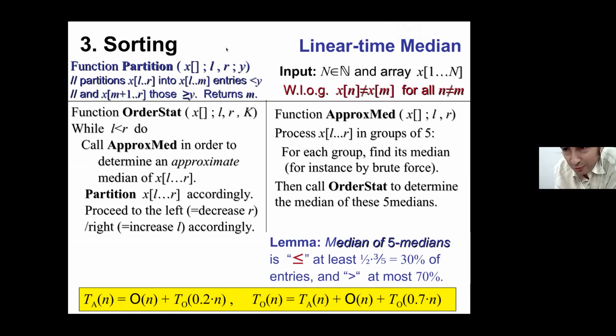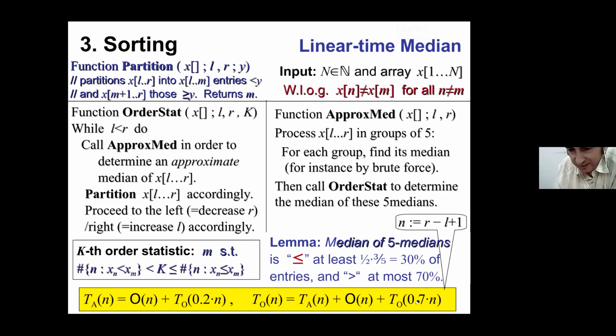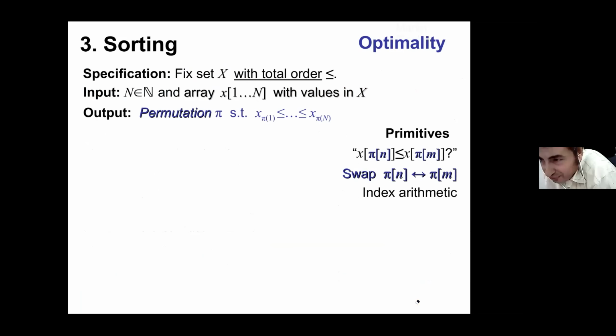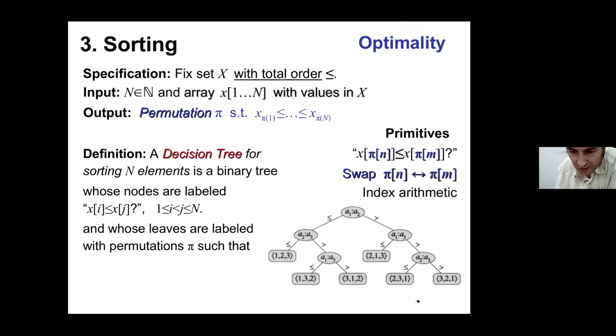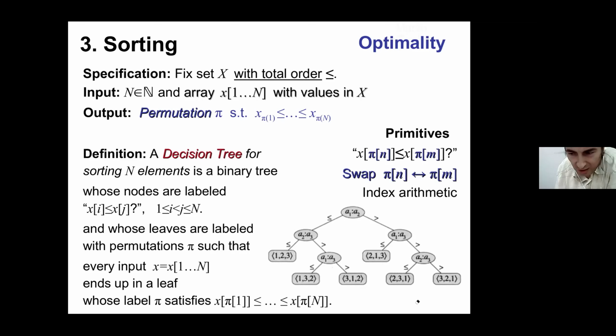And the important point one more time about these formulas was that 0.2 plus 0.7 is less than 1. Okay, and this allows you a linear time.